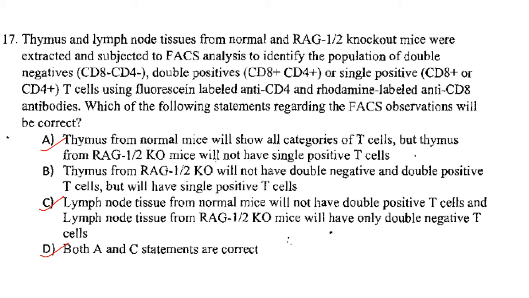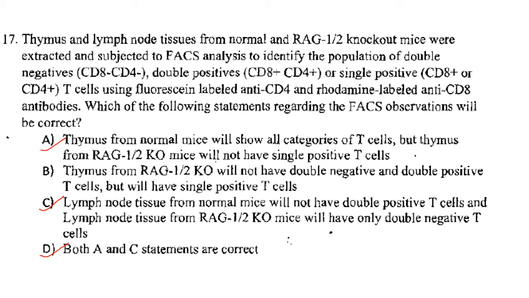That is, they will have single positive CD4 plus and CD8 plus lymphocytes, not immature ones, that is double negatives and double positives. So lymph node tissue from normal mice will not have double positive T cells, and lymph node tissue from RAG1 or 2 knockout mice will have only double negative T cells.